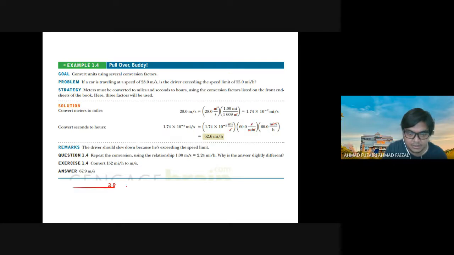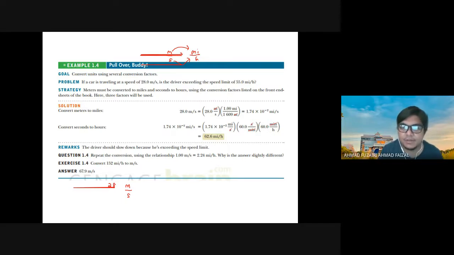So put it at the bottom, and you must remember meter per second, convert it to what? Meter to miles, obviously, because that is the obvious conversion, and second to hour. So you must convert from meter to miles, and second to hour.